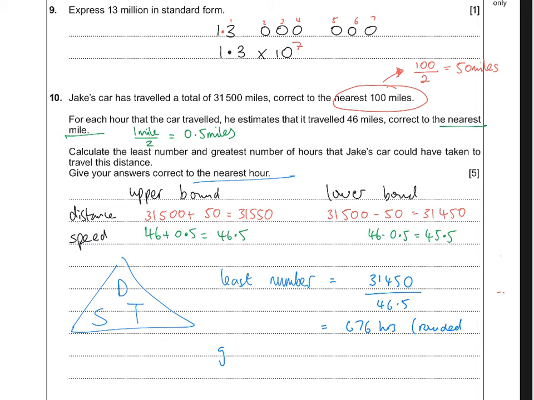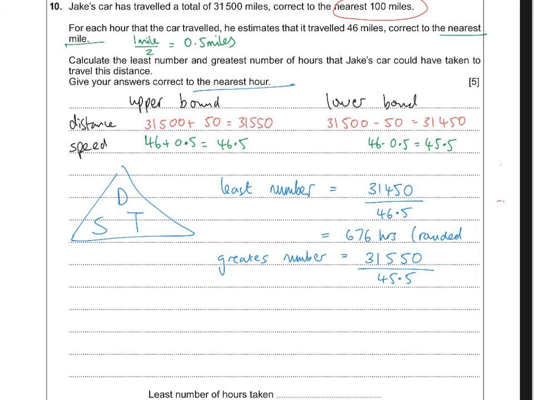To get the greatest amount of time, it would be the most amount of miles I've done at the slowest possible speed. So it's going to be 31,550 divided by 45.5, and that comes to 691.